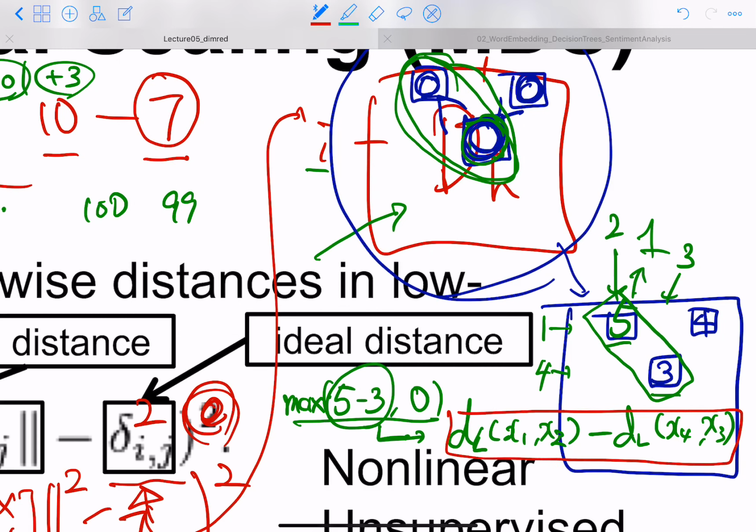So this is placed over here, right? Okay, so this 5 is over here, and 3 is over here, right? And then we know this guy should be bigger than this guy. So that is our initial constraint as an input to run this dimension reduction, right?